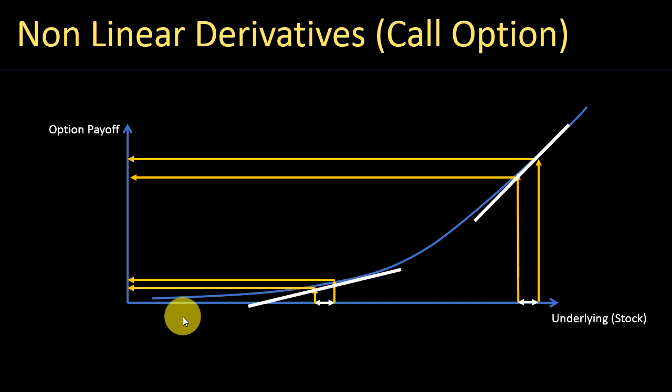If we use some other models, they'll suit much more to calculate all derivatives, linear and non-linear, but more simplified models will not work for non-linear derivatives, and we will discuss that in another video. So remember, when we talk about non-linear derivatives, what we are saying is that the relationship between a particular risk factor and the derivative is not linear. In other words, the slope keeps changing.